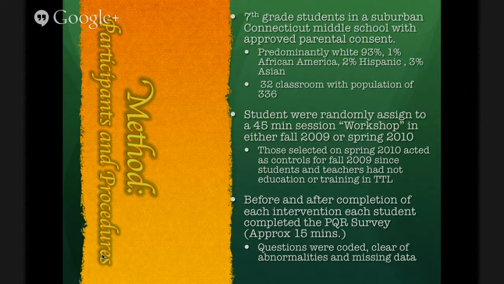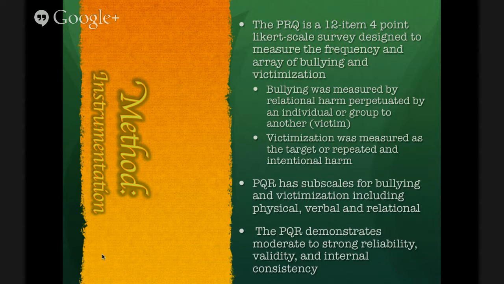Before and after completion of each intervention, each student completed the PRQ survey, which took approximately 15 minutes. Questions were coded, cleared of abnormalities and missing data. The PRQ is a 12-item, 4-point Likert scale survey designed to measure the frequency and array of bullying and victimization.